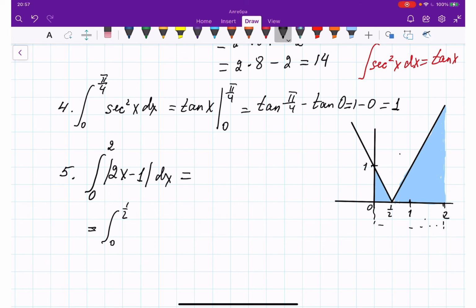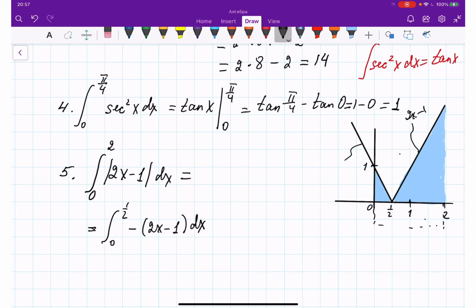Yes, and this is going to be negative 2x minus 1 dx, because which one is negative? This piece, let me see. This is positive 2x minus 1.